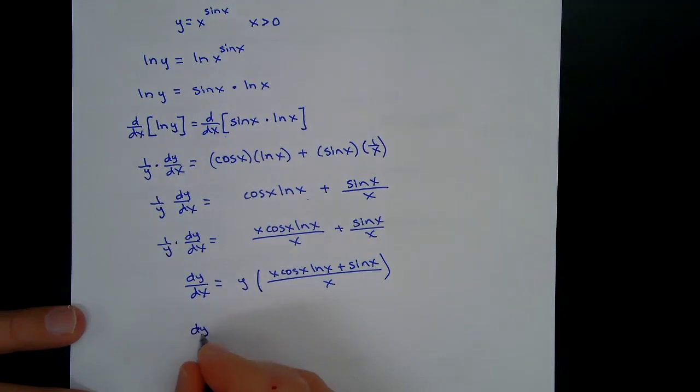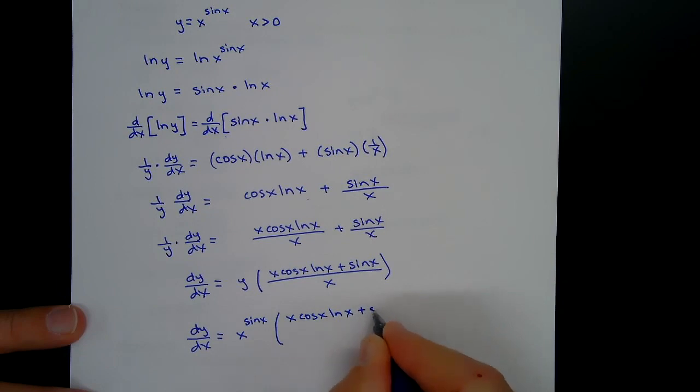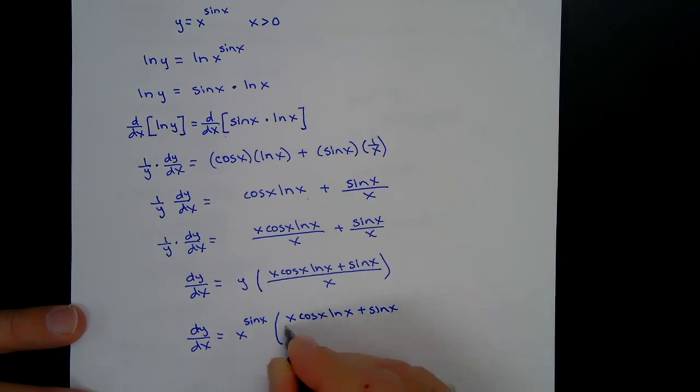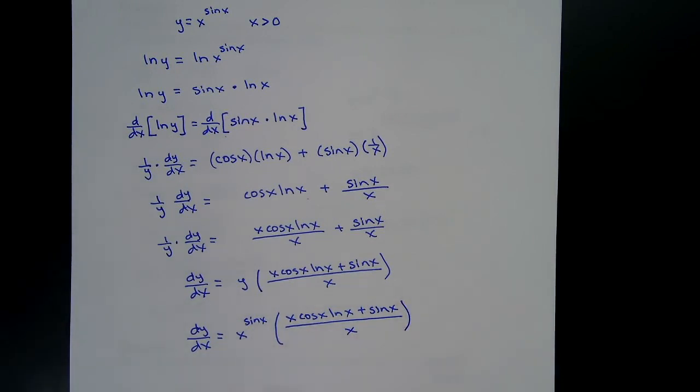So dy over dx is equal to x raised to the sine of x times x cosine x ln of x plus sine of x all over x. And that's the derivative of x to the sine x, or one way of writing it, okay?